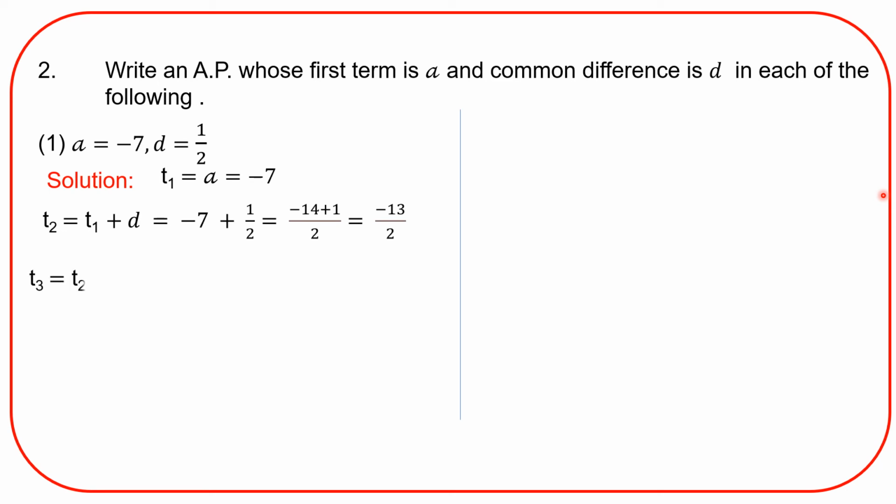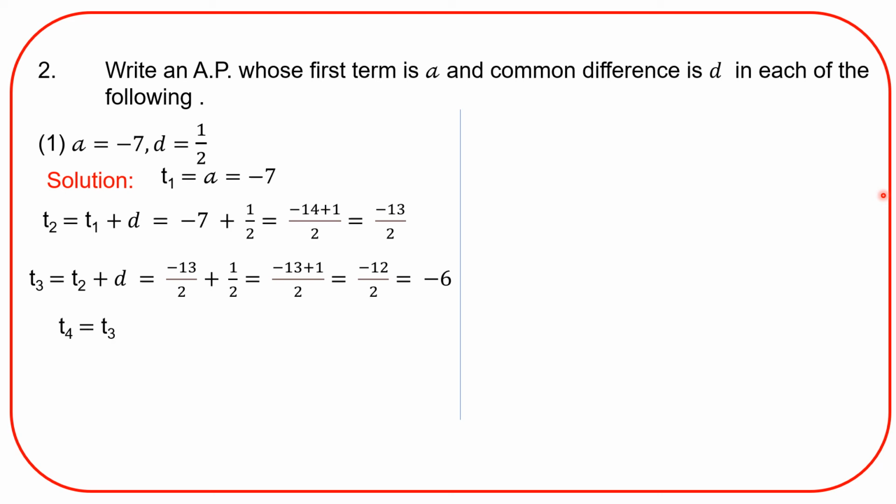T3 is equal to T2 plus D, minus 13 upon 2 plus 1 upon 2 is equal to minus 13 plus 1 upon 2 is equal to minus 12 upon 2. 2 sixes are 12, is equal to minus 6.